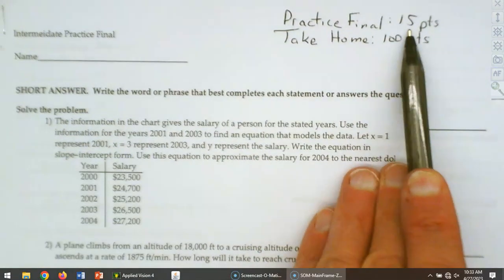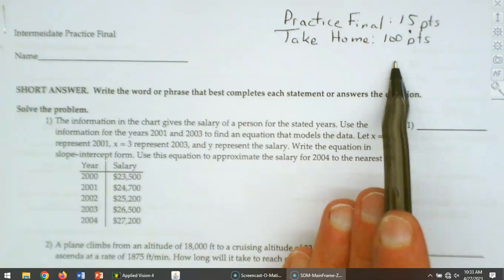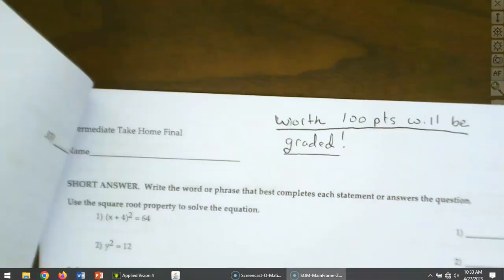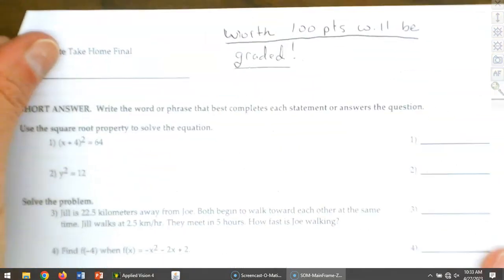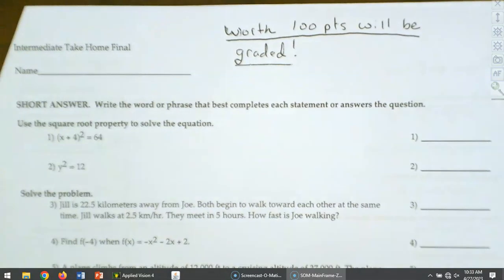You get 15 points for doing this practice final. That's a given. If you complete it and you do work, you get the 15 points. The take-home is 100 points, and it's behind the practice. This is graded, so this is worth a normal exam.